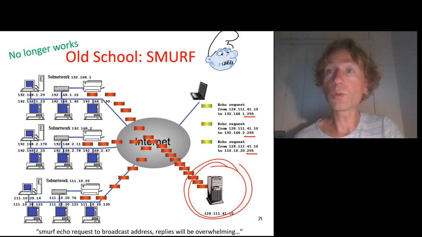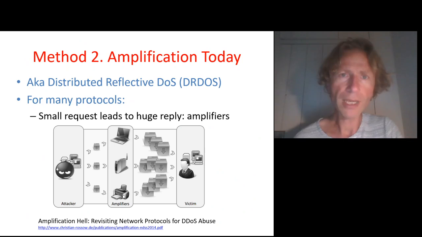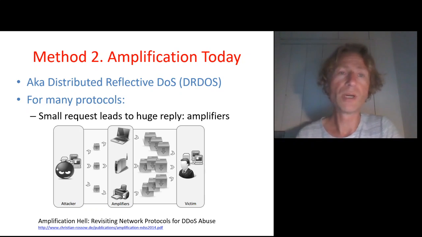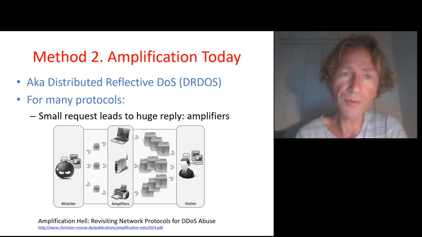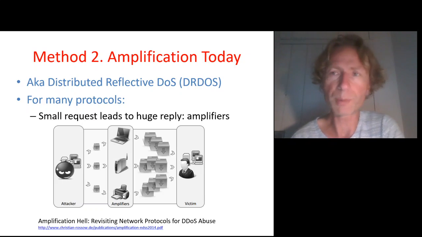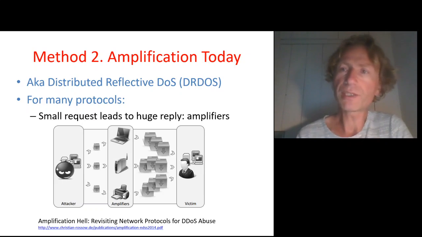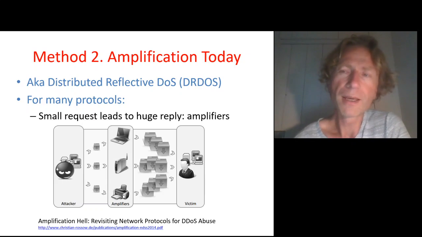And like I said, it no longer works, but the principle is still there. Okay? Amplification today is using something slightly different. So it's sometimes also known as distributed reflective denial of service, but most people simply call it amplification. And the idea that it builds on is that, especially if you're using UDP, it's an easy thing to do.